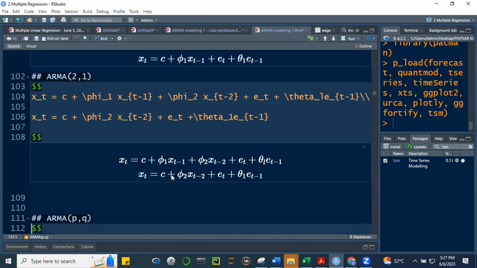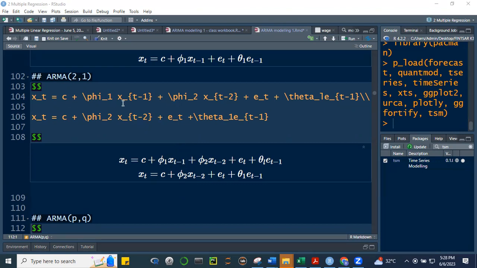Alright, so, Carl, your lag 1 is missing. There should be a lag 1, because when we say ARMA(2,1), you have two lags of the AR process, so you should have 1 and 2. Okay, so this is the answer, you're correct.